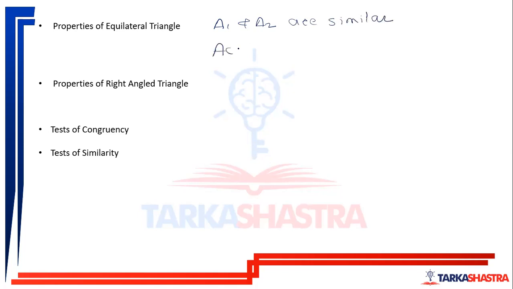Then area of triangle 1 upon area of triangle 2. The ratio of areas of two similar triangles is equal to the ratio of the squares of their corresponding medians.